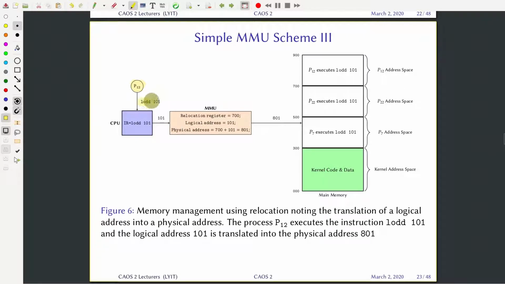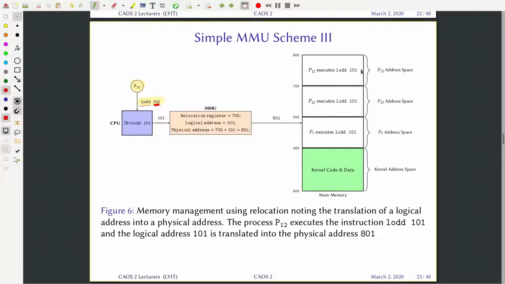It is executing the machine code instruction LOD 101. As before, we have the operator load direct 101. The operator is LOD, and then the operand is the logical address 101. So this is of course internal to P12.